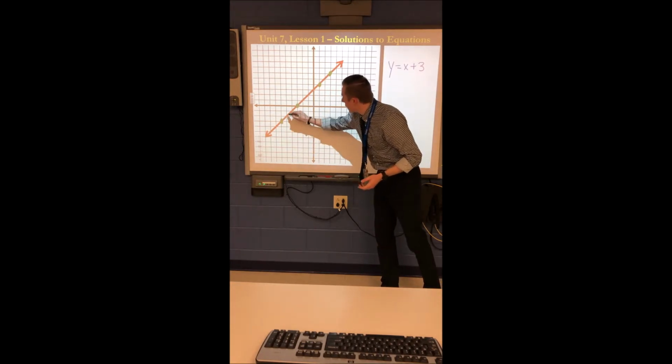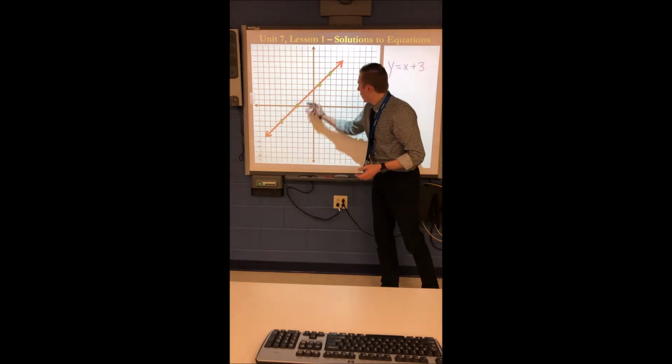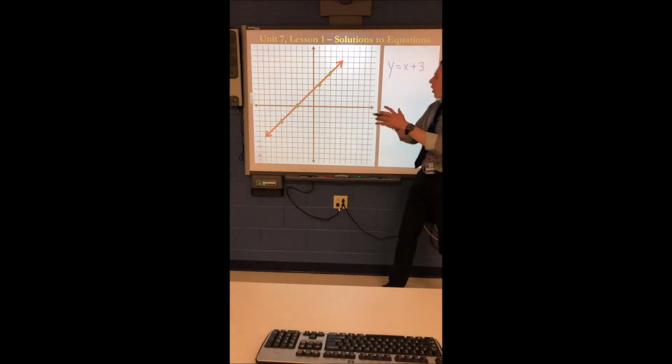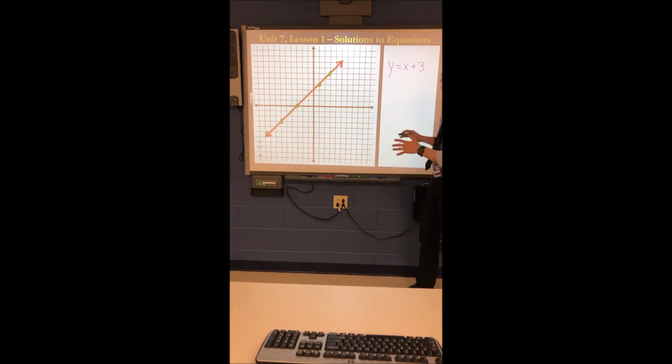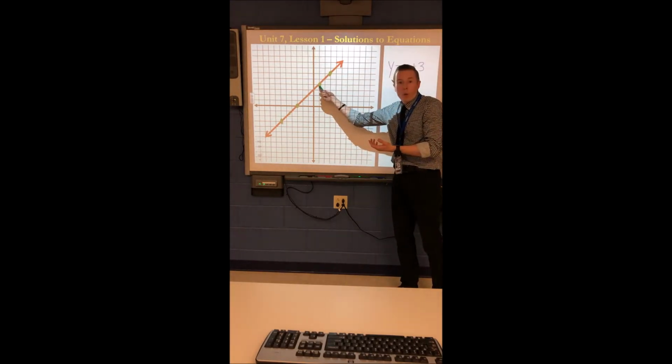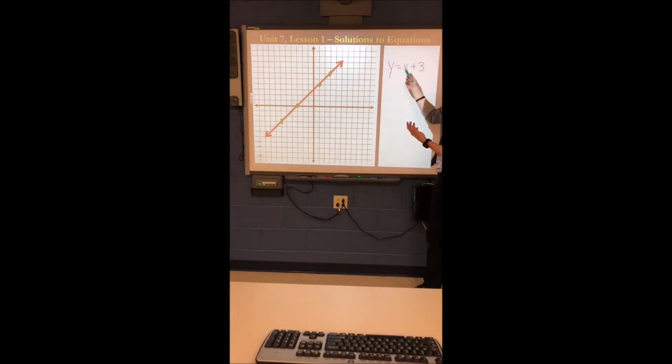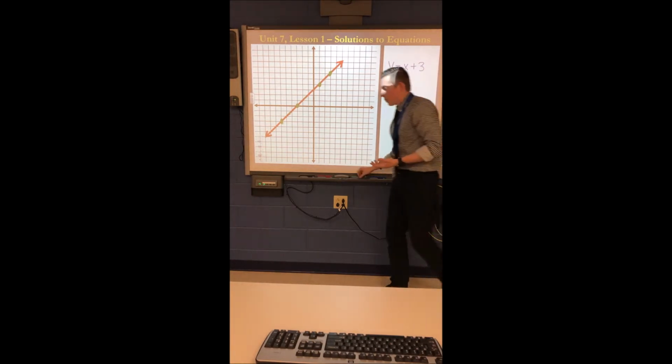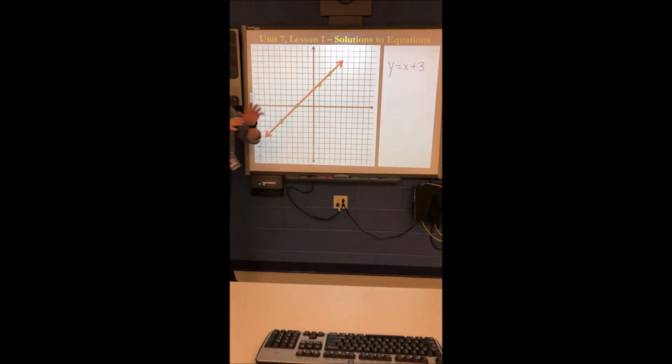Down here, even right in the middle here, on this line will satisfy this equation. So, let's see if it works out. This is the point 1, 4. Our x value is 1, our y value is 4. That makes sense. 1 plus 3 is 4. Okay? So, pause and just think about that for a second.